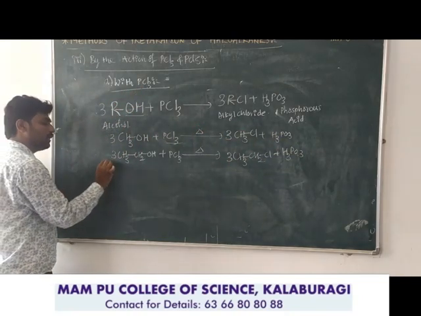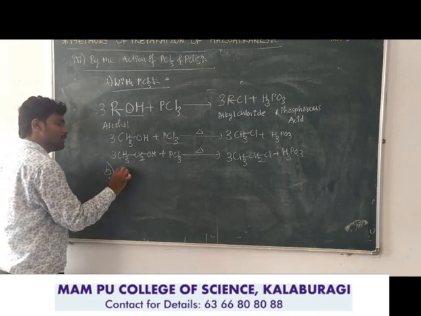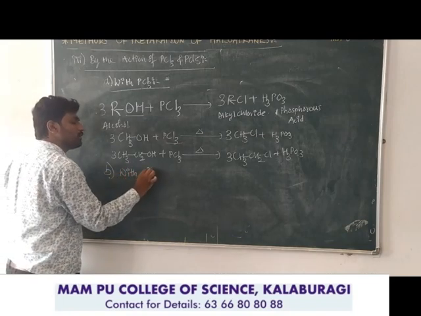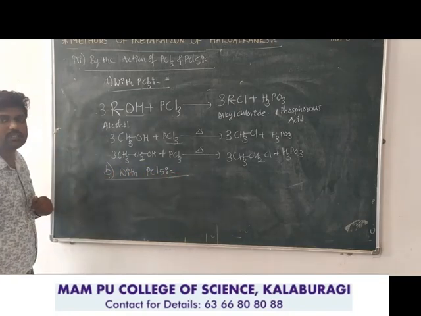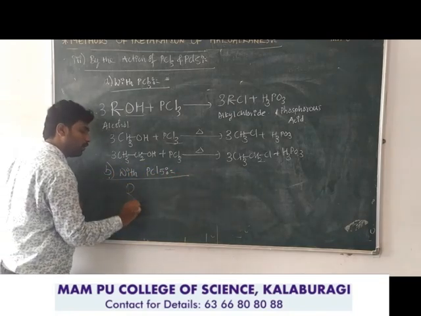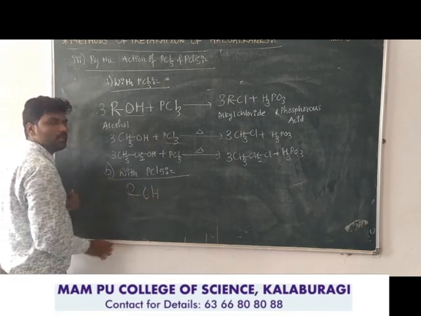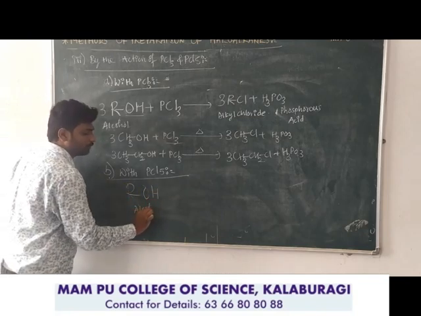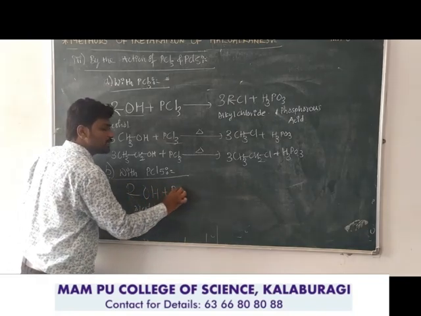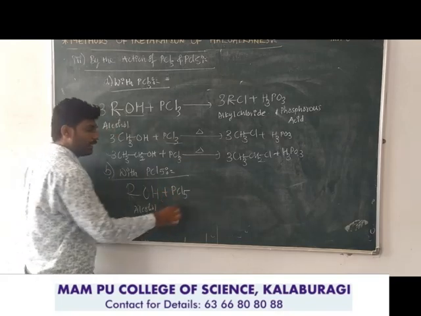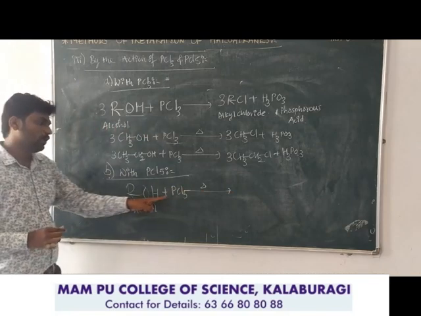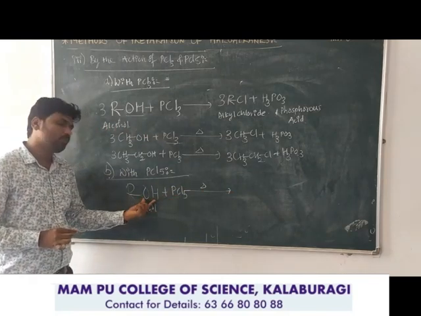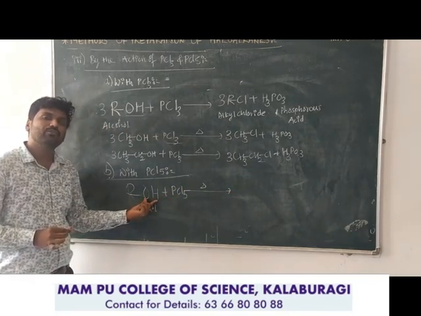Suppose I have used the second reagent, that is phosphorus pentachloride. Same reaction, same reagent. Starting material, I need to take alcohol. When alcohol is heated with phosphorus pentachloride, naturally 1 chlorine atom is only going to substitute the 1 OH group of the alcohol.